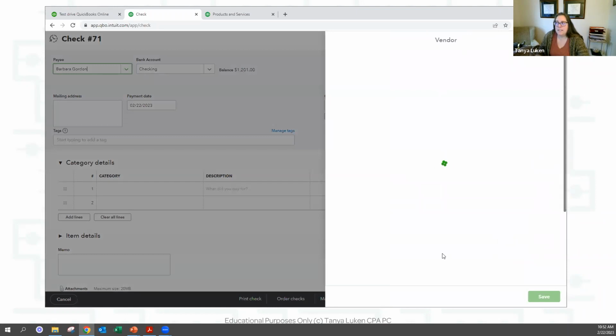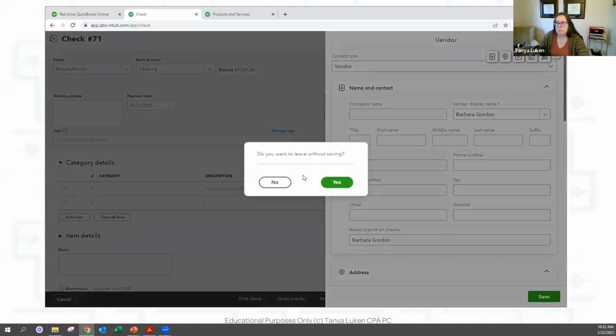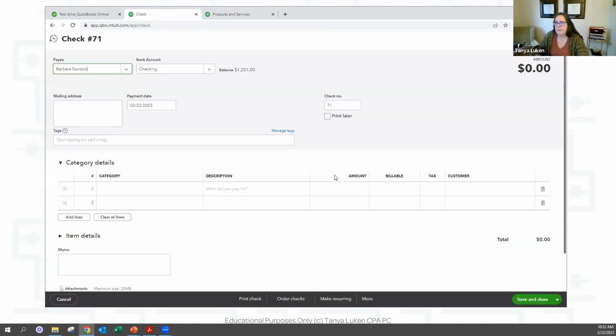And it's going to pop out this same slider. So you can be in the middle of a transaction and add a vendor, or you can be in a transaction and add an expense account. This is what we meant when we talked about multiple entry points a minute ago.